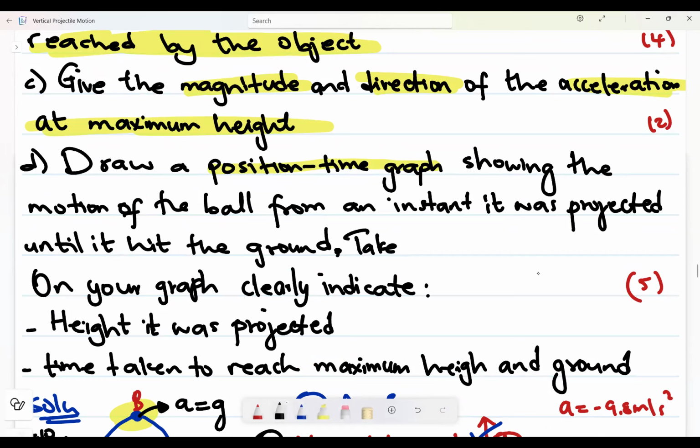Take the ground as a reference point. So now you're going to draw the position time graph, showing the motion of the ball from an instant it was projected until it hit the ground. Take the ground as a reference, very important.